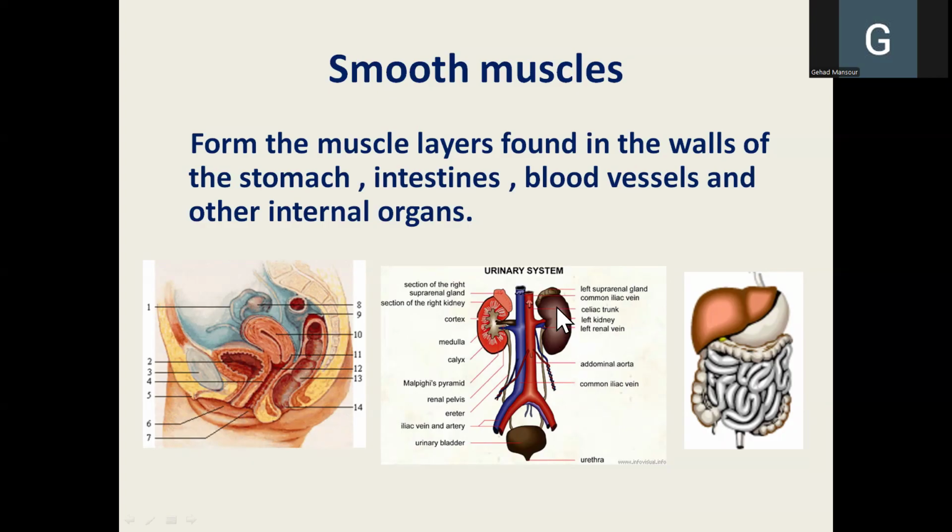In the case of the urinary system, we have the smooth muscles of the ureter that undergo peristalsis to push urine down to the urinary bladder, and then we have the muscles in the wall of the urinary bladder.